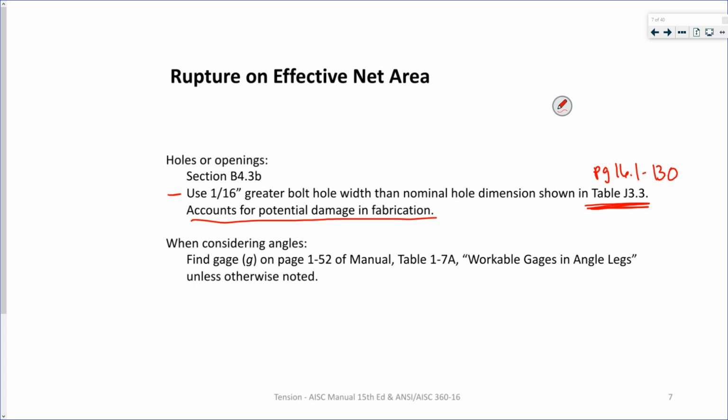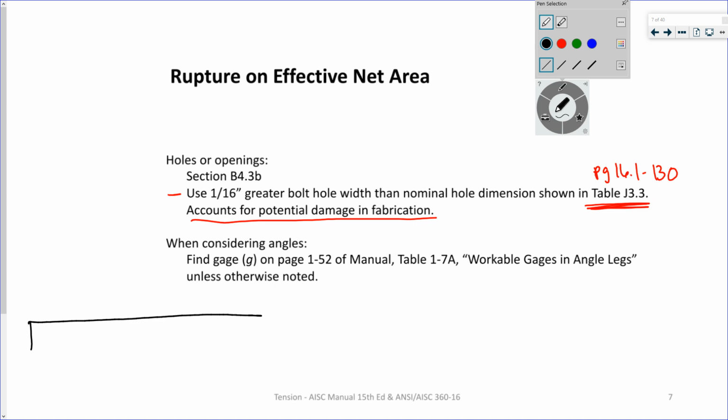Let's draw. Right? So let's say I'm going to look at this in elevation, right? I have a plate. This is the cross section of a plate.